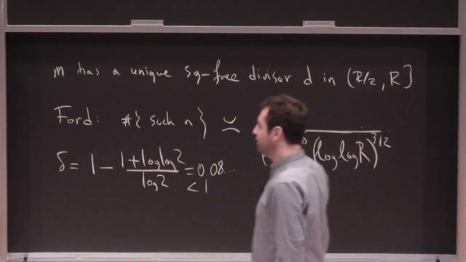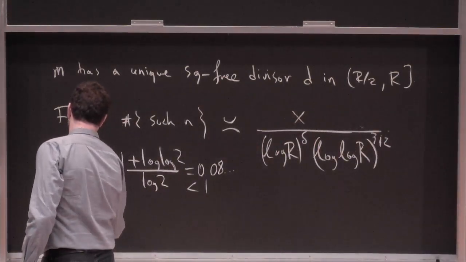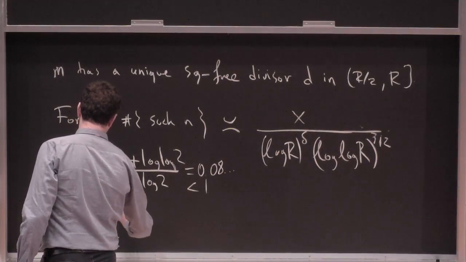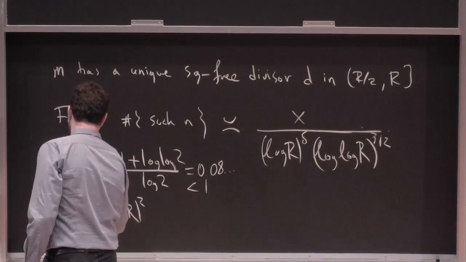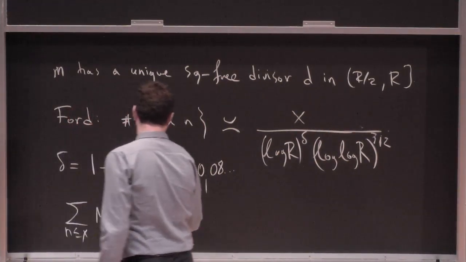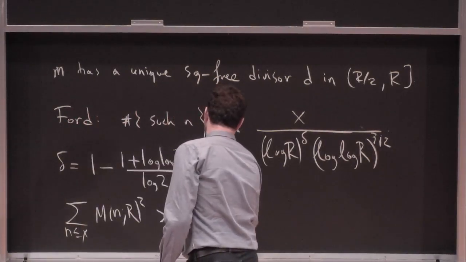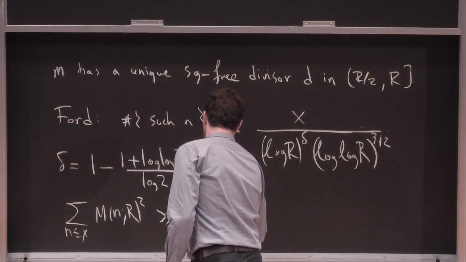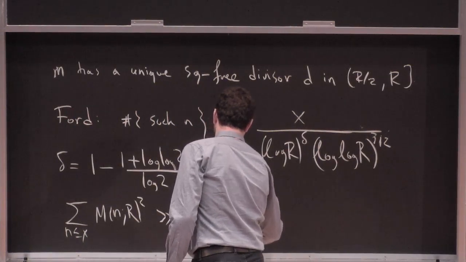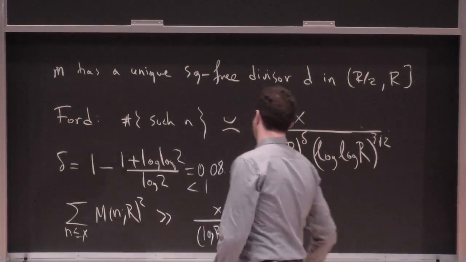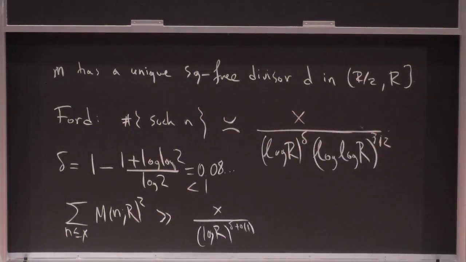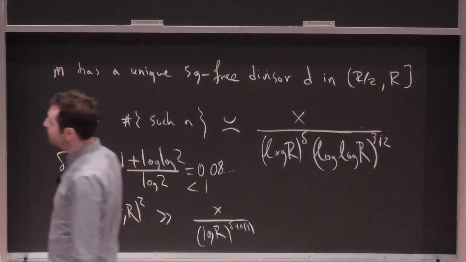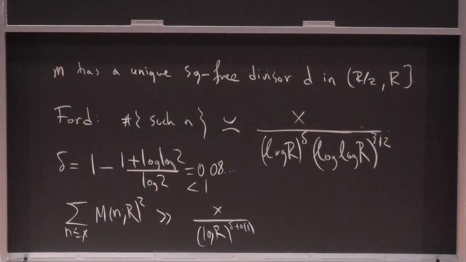And why is this important? Because if I take the second moment of these sums, then I get that this is at least x over log r to the delta plus little o of 1. And how many integers with no small prime factors are there?